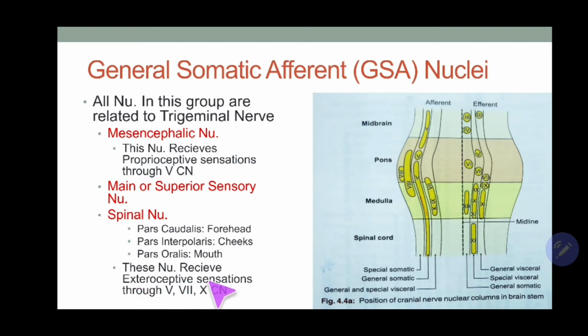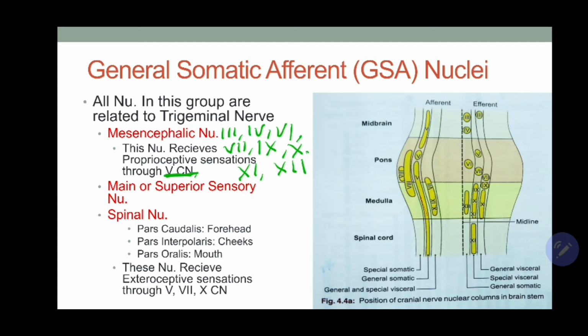Now these nuclei receive exteroceptive sensations through, here I'm talking about this. Here I have included the nerves. The mesencephalic proprioceptive sensations are brought with the third nerve, fourth nerve, sixth nerve, the fifth already has been mentioned here, then the seventh nerve, ninth nerve, tenth nerve, eleventh nerve, twelfth nerve.